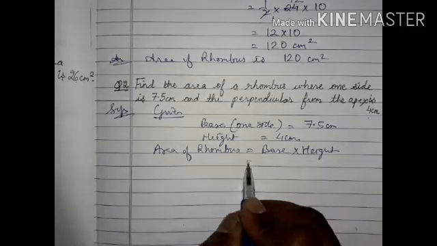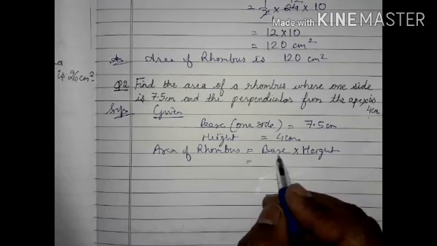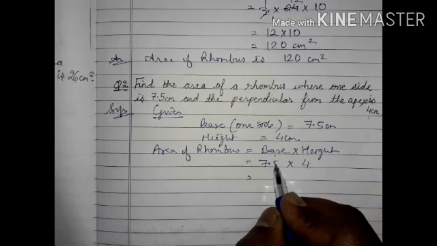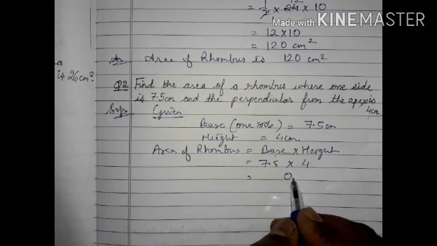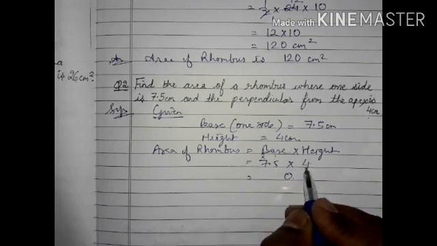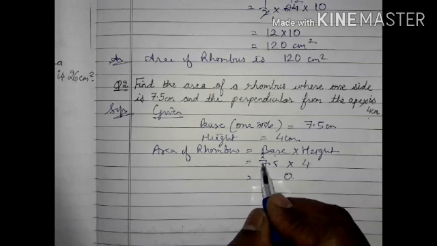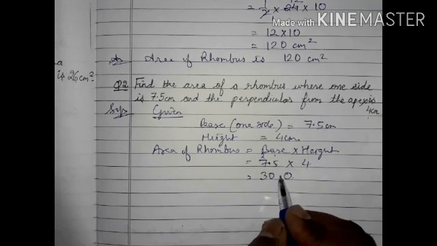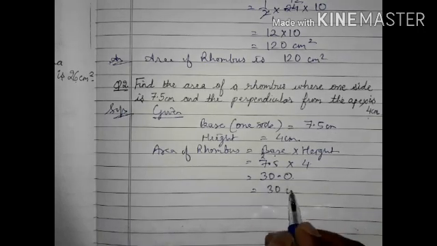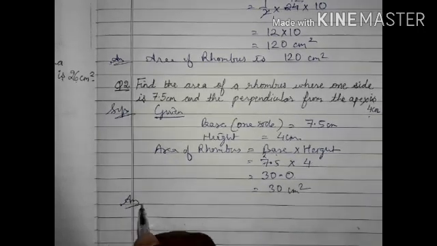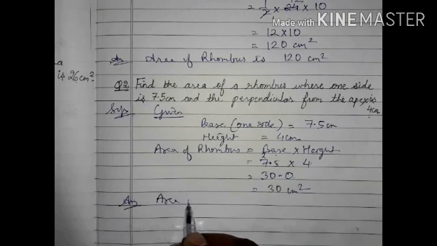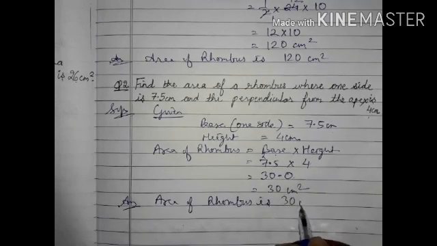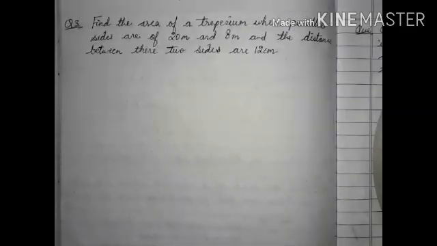There are two formulas, according to the question we have to put. So here base is 7.5 multiplied by 4. 4 5s are 20, 0 we have to write and 2 carry. 4 7s are 28 plus 2 is 30. One number before the point, so here also one number before the point. So 30 centimeter square. As the answer you have to write: area of rhombus is equal to 30 centimeter square.